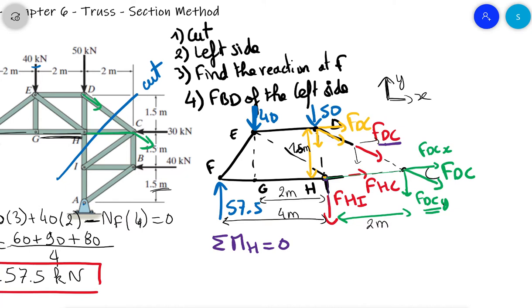So when you slide the force, slide it up to a point that is horizontal with the point of the moment, or vertically above the point H in this case.